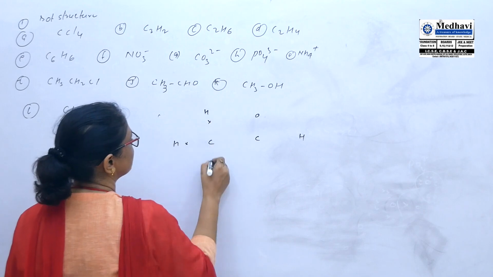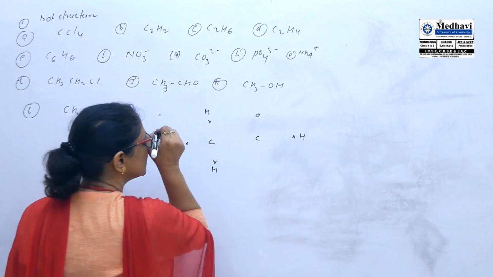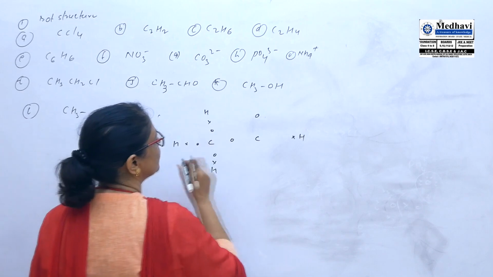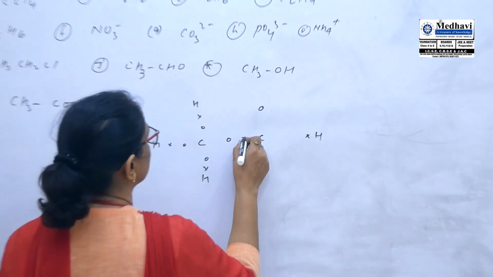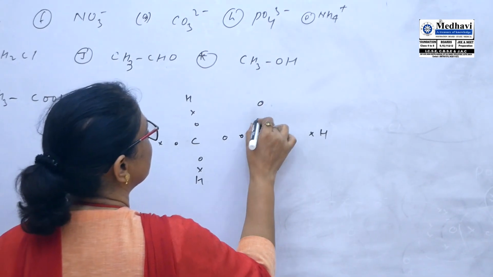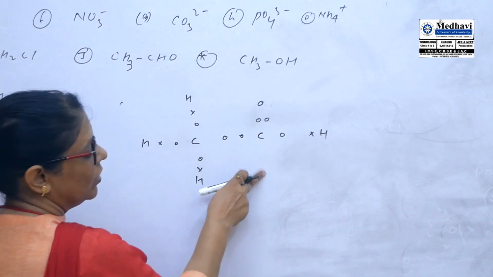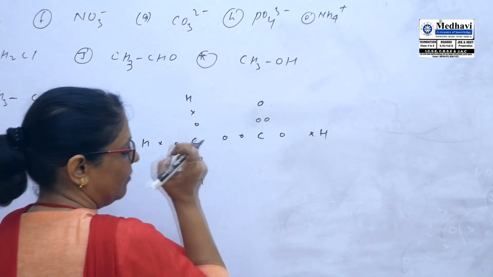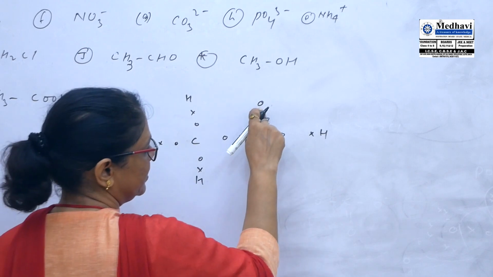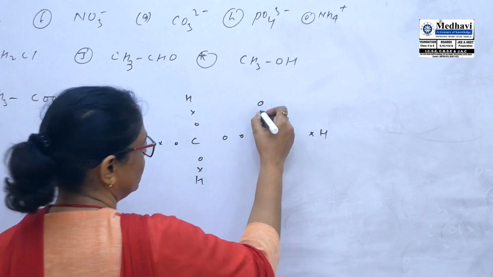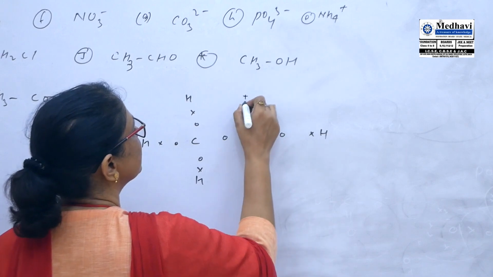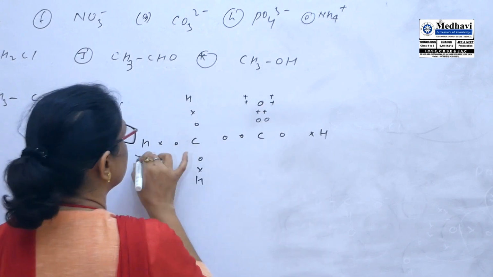So first we will fill this. This carbon has 4 electron. This carbon also has 4 electron. Here 2. Because here no elements are there, so here we will fill to check whether this bond is fulfilled or not. This oxygen needs 2 electrons for sharing, so 2 electrons here and remaining 6, 4 outside.